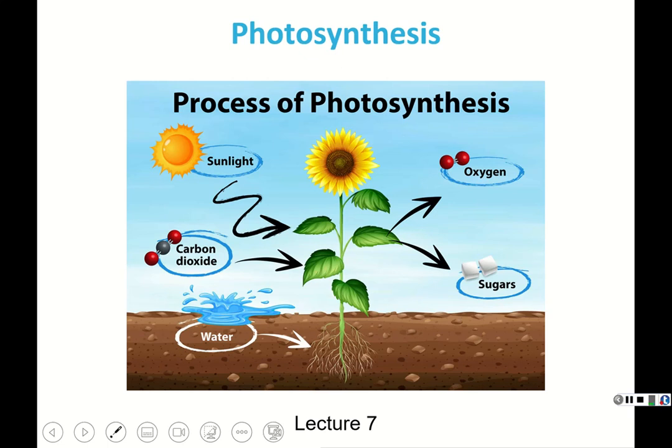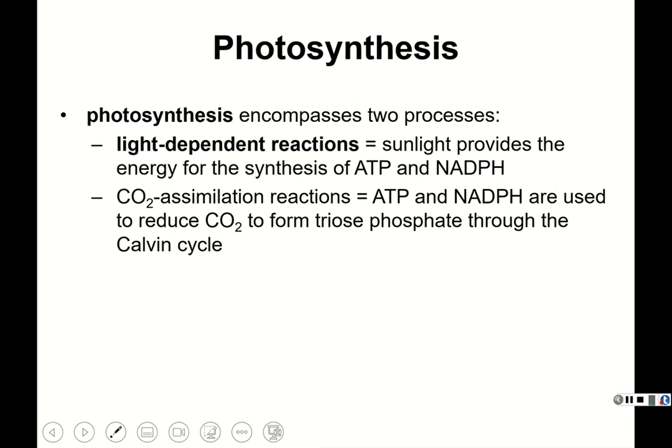And we're going to discuss a little bit about how exactly the plants are able to do this. So again, photosynthesis, it's the process of turning sunlight into energy, and in that process you produce oxygen from water, and you also produce sugars from carbon dioxide.